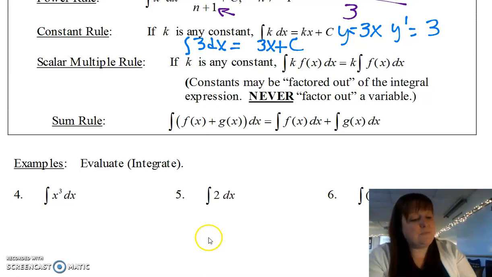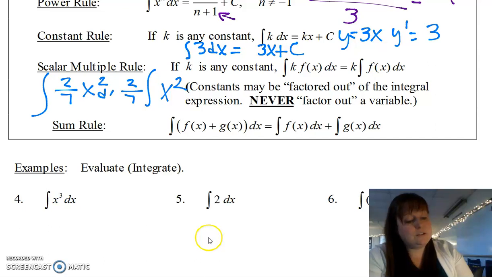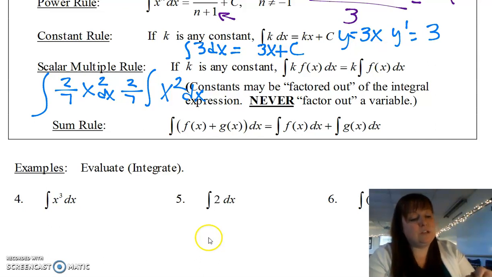Like if I had 2/7 x squared, and I want the integral of that, I can just take the 2/7 outside the integral. I can take the integral of x squared dx, and then just multiply whatever that integral is by 2/7. And that helps so much, because there's a lot of times you need to just pull that constant out.